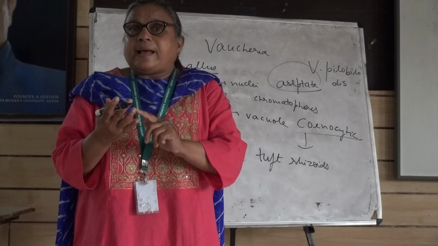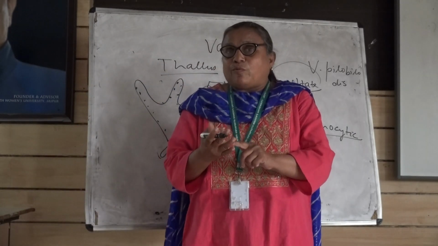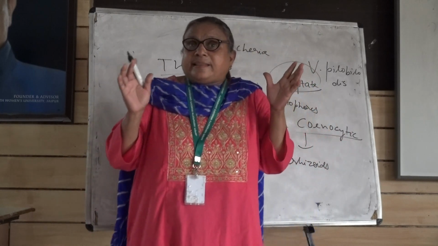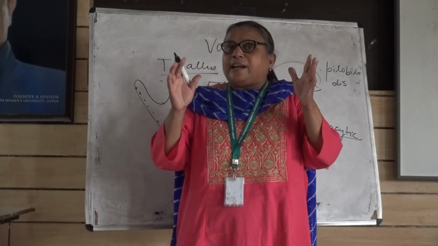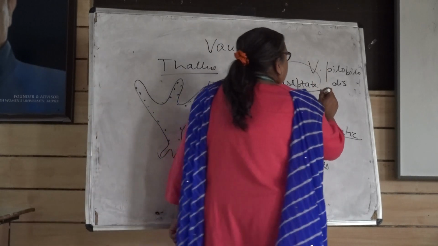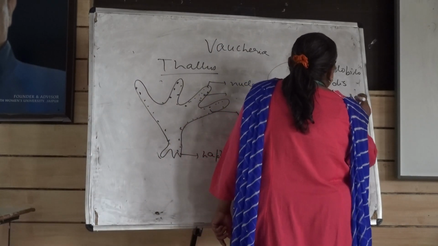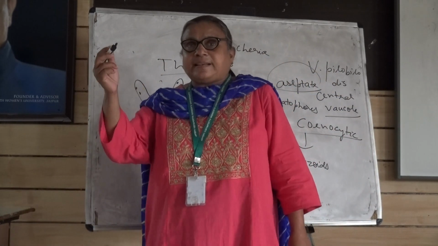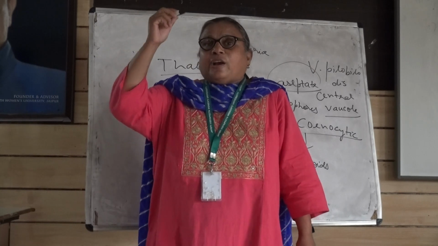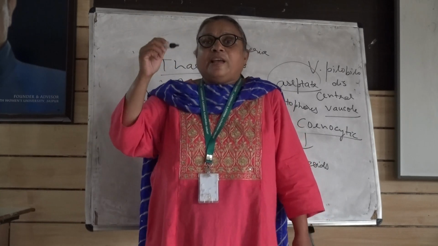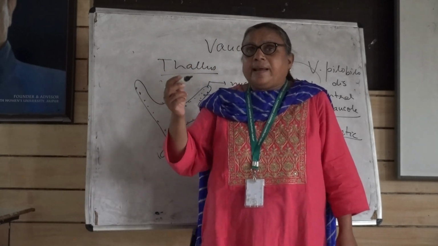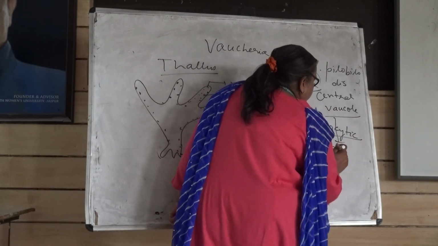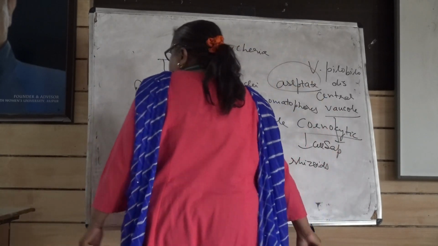In the cell of Vaucharia there is a central vacuole, and this central vacuole runs throughout the length of the filament, and it is filled with cell sap.